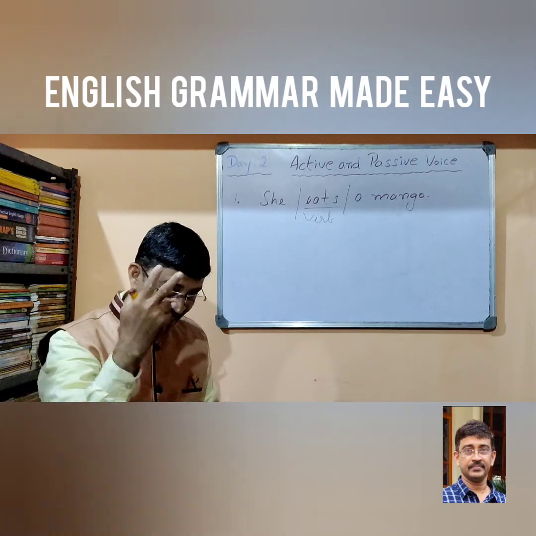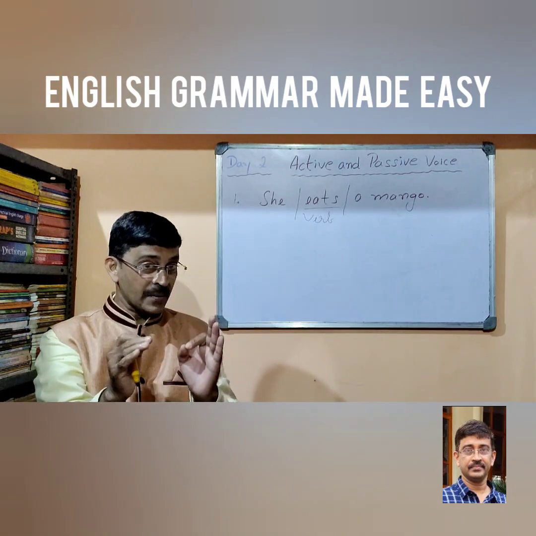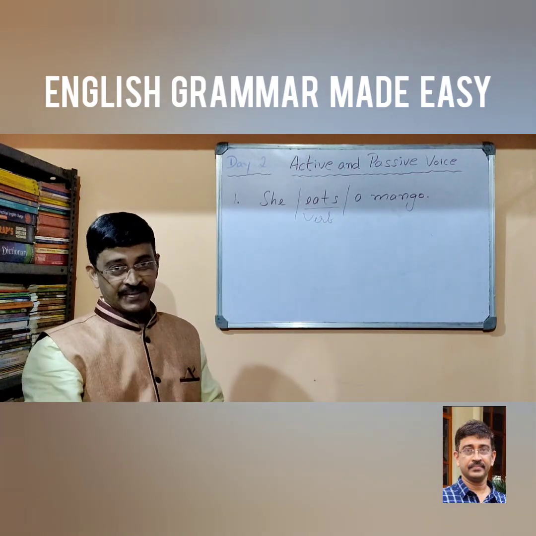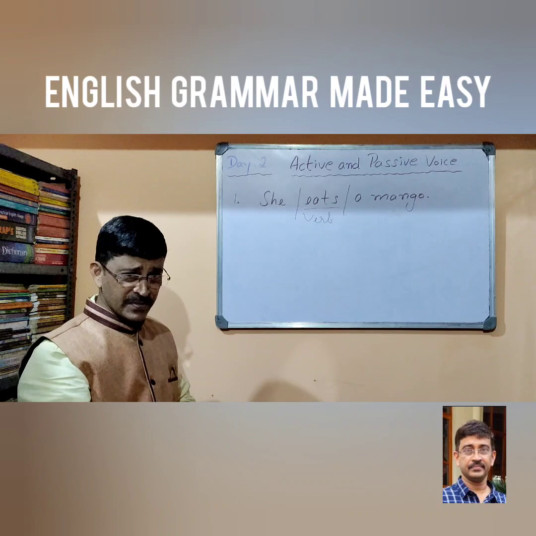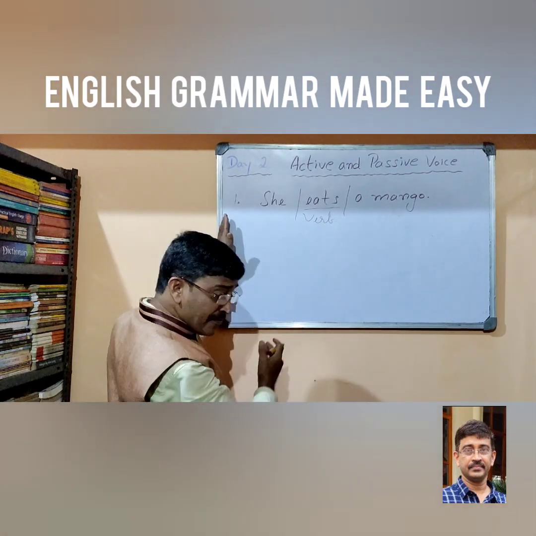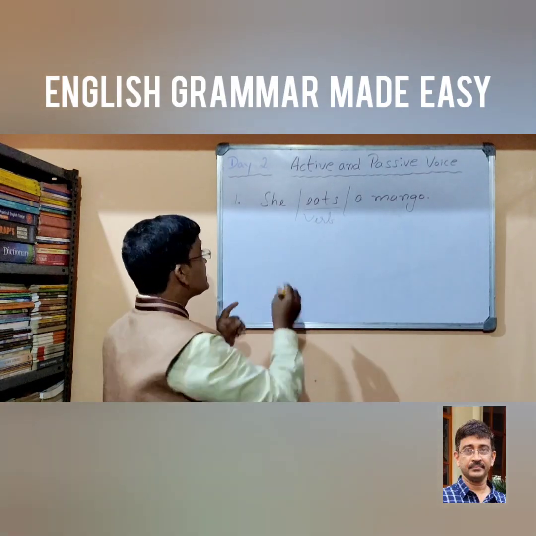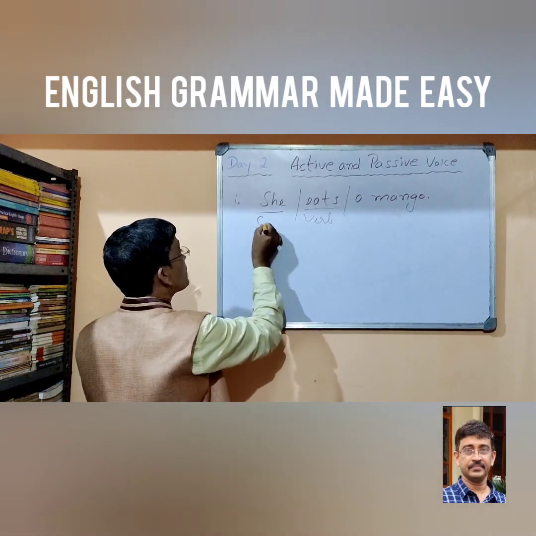Then, second step, what are you going to do? Identify the subject and object. Where do you have subject here? Whatever that is towards the left hand side of the verb, I told you earlier, that is subject.